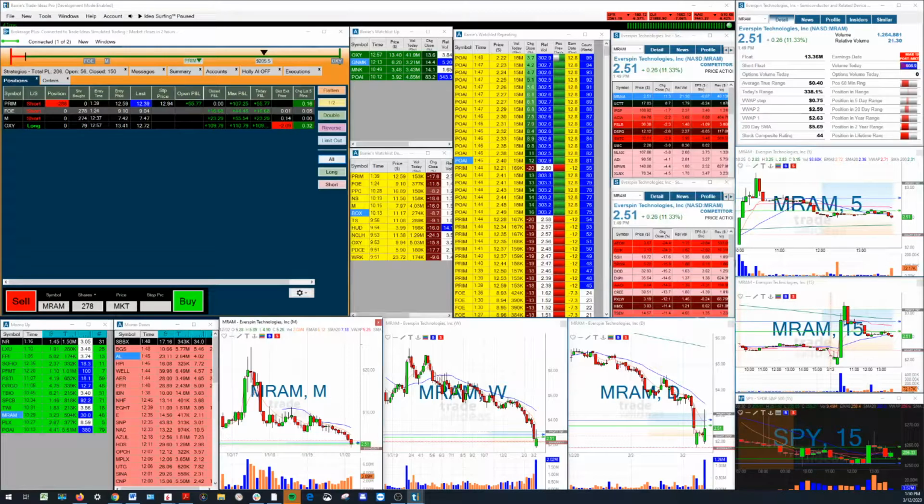He probably meant MRAM, okay? Because that was certainly an active stock today. I mentioned MRAM only if it takes out this area up here at 280. Doesn't look like it's going to though.